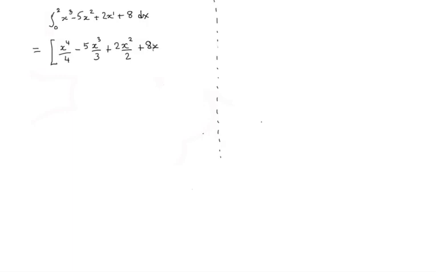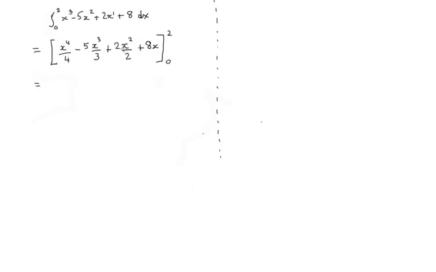Why? Because when you differentiate back 8x you get an 8. You can always check by differentiating back. So that's the expression that we need to plug a 0 and a 2 into.